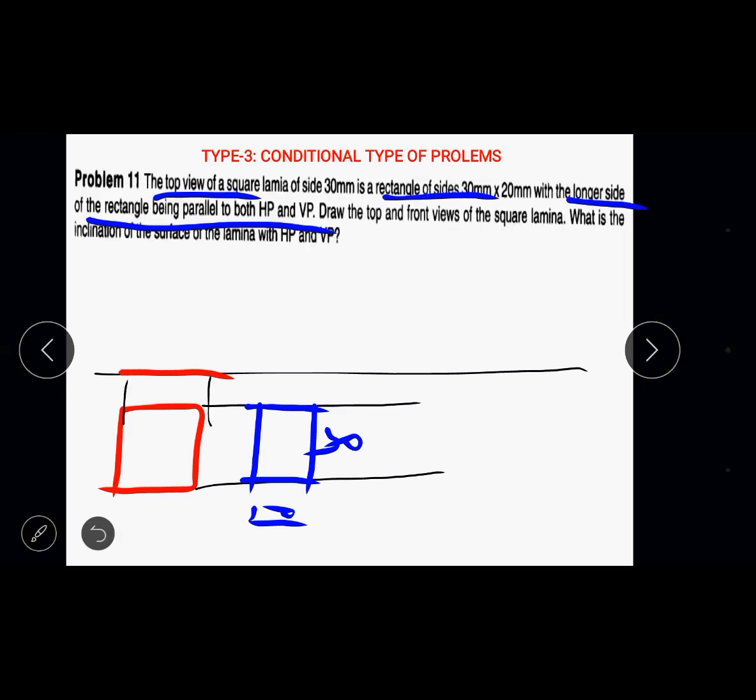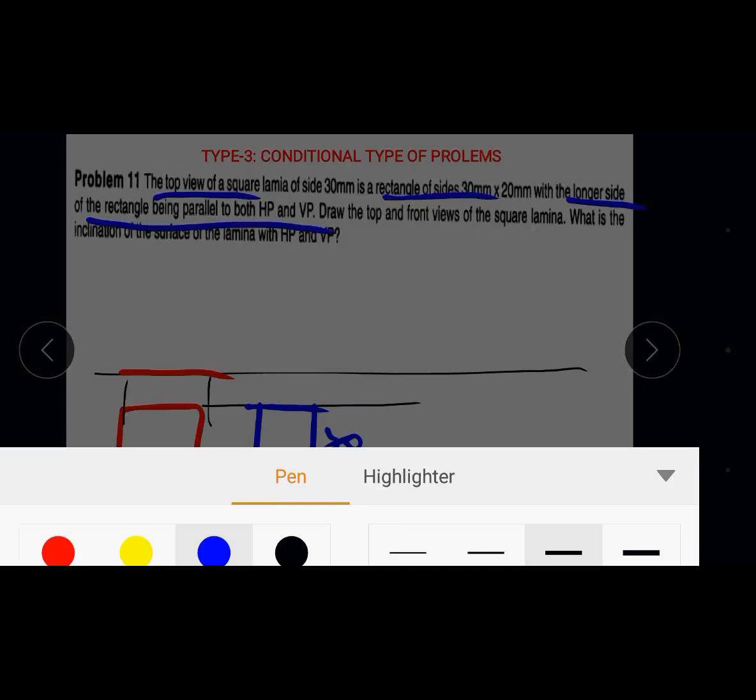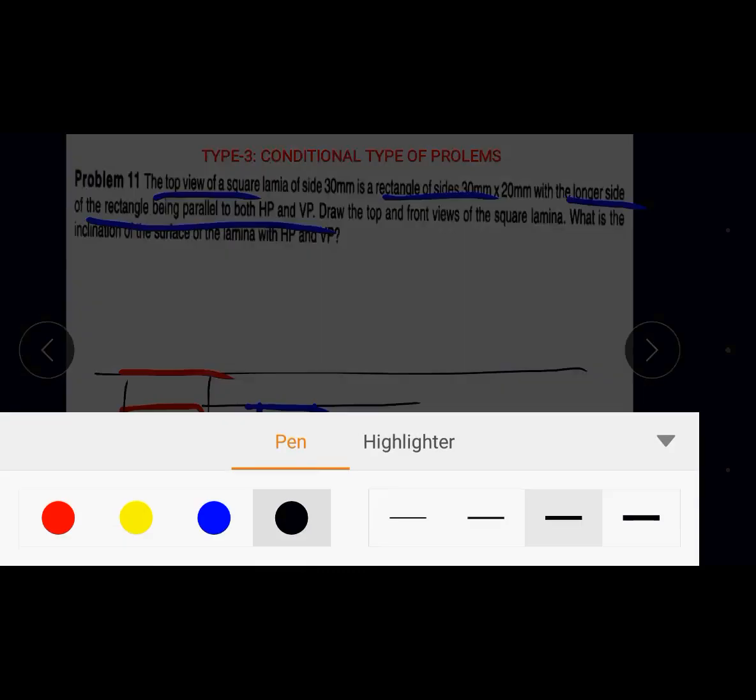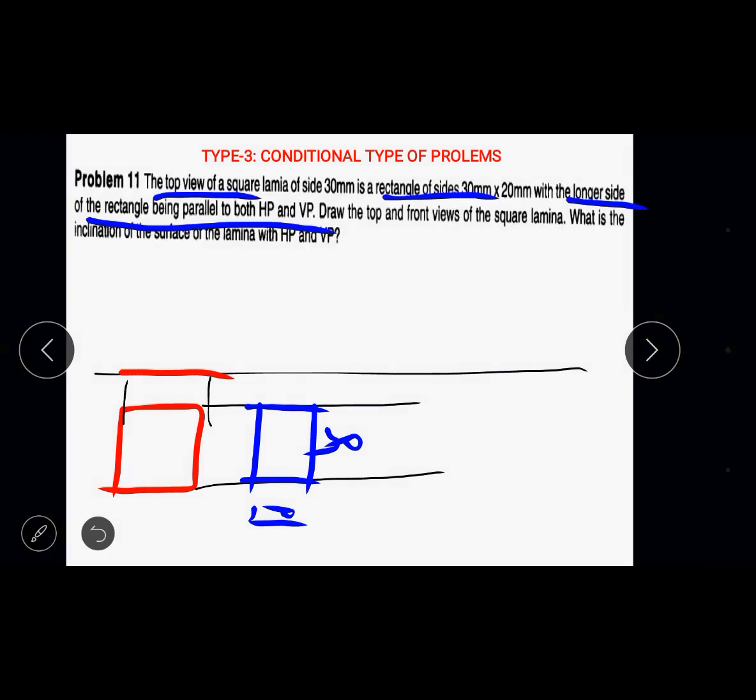Still I can hear some noise. Still I can hear the noise. Somebody has not deactivated audio. Please, I request you to deactivate.